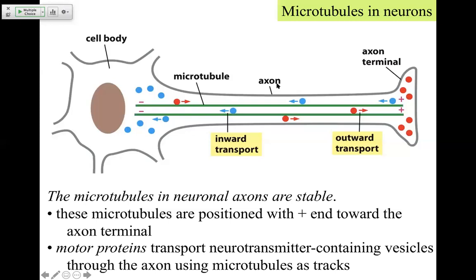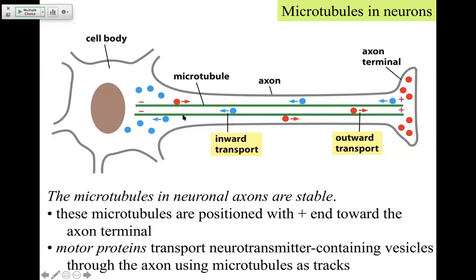And if we look at that axon, we see that the axon is packed with microtubules. The axon we already described is also packed with neurofilaments. Those would be intermediate filaments that are giving some support to this very thin but long axon. But what we're focusing on here is our microtubules.